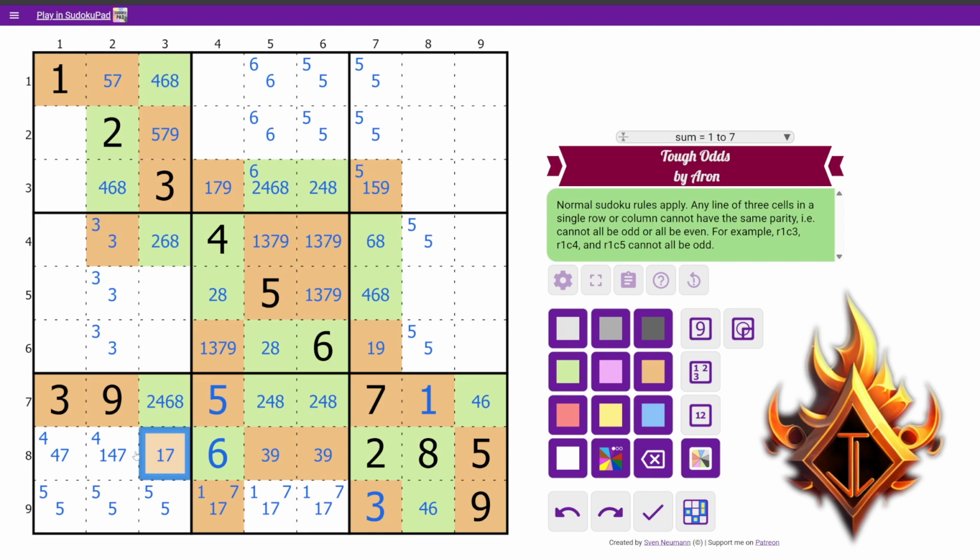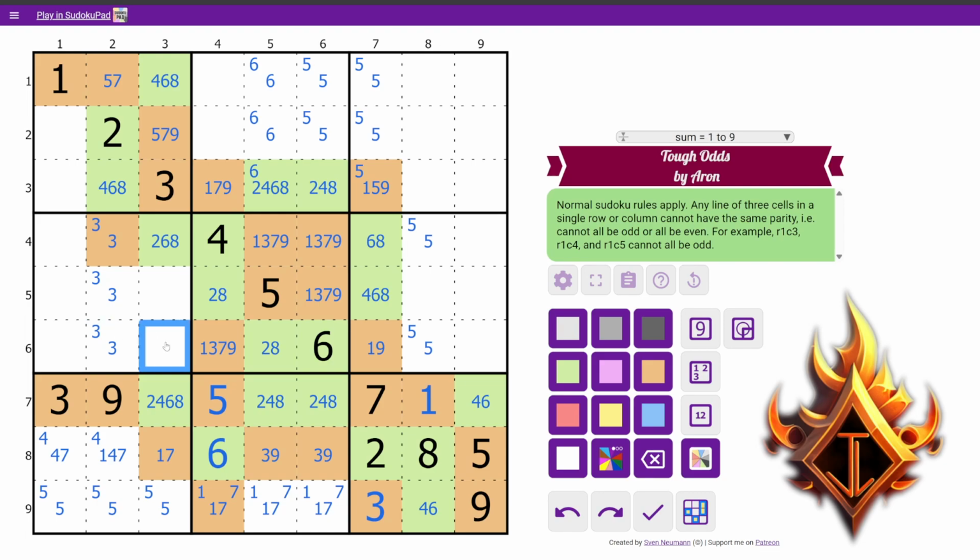But, well, so one of these will be odd, one of these will be even, sorry, and one of them will be odd. One will be even, one will be odd.